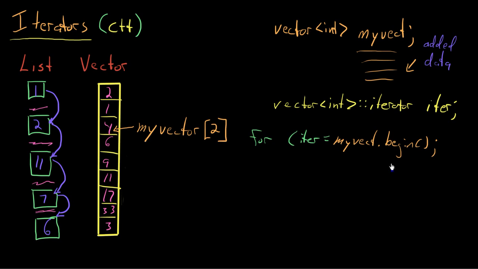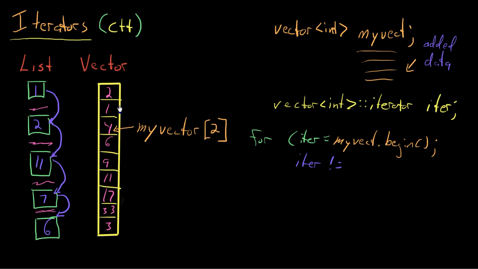So that's our initial part. And then while the iter is not equal to the end, so initially when we do myVect.begin, we're setting it to this thing, and we don't have to worry about the internals. Vectors and iterators know how to handle all that.